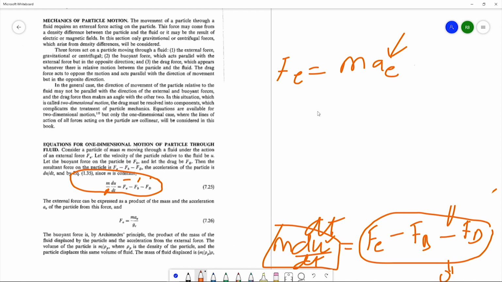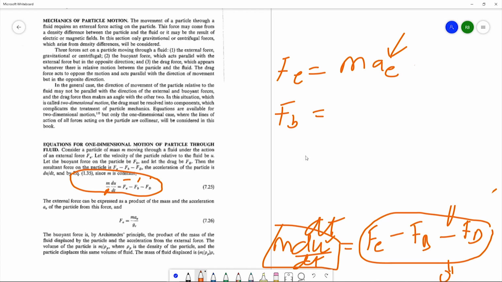So what about the buoyant force? In Archimedes principle, what does it say? The Archimedes principle says that if the particle displaces some volume, then the mass of that volume of the fluid will exert some external force, right?